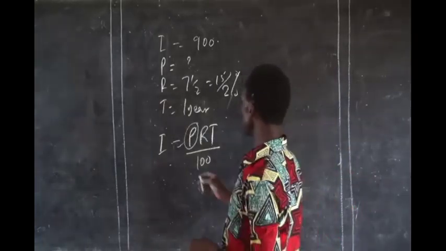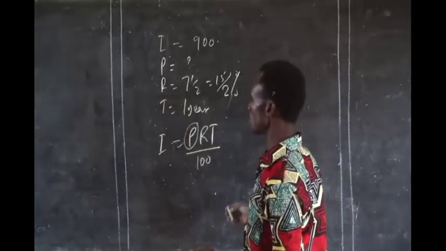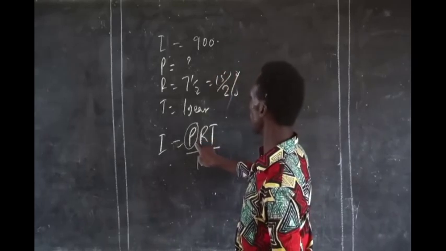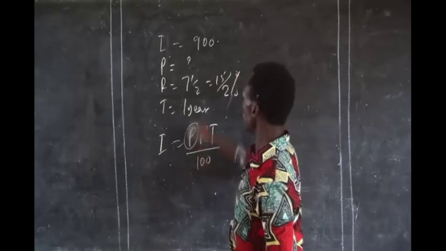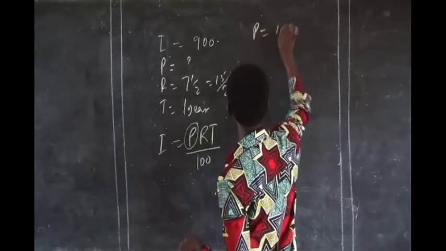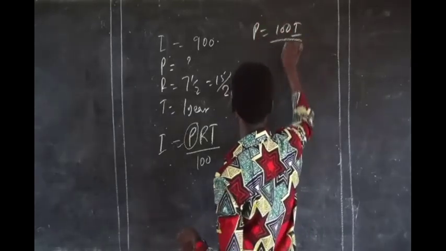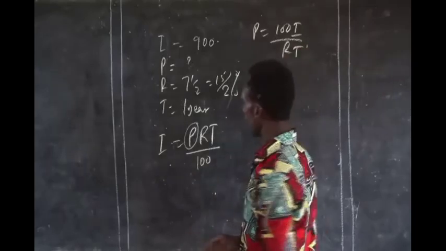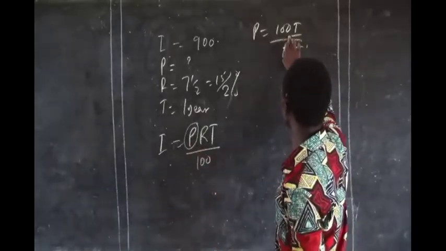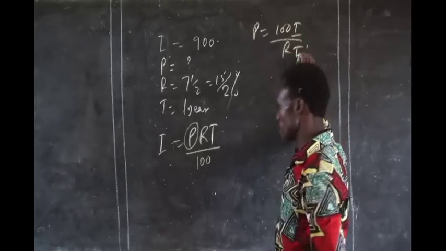Definitely, you will find it, or if you think that is impossible for you, you can just substitute. So making P the subject of the formula, you will find P is equal to 100I over RT. P is equal to 100 times I over RT.